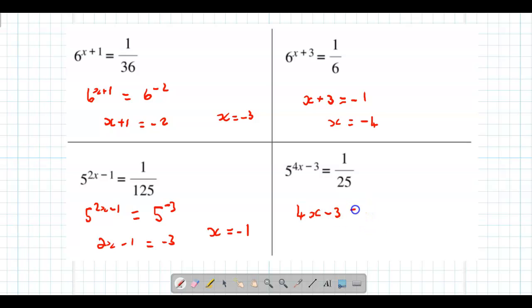And that's 5 to the power of 2, but 5 to the power of minus 2. Yeah, 5 to the power of minus 2. So in here, minus 2. So this is going to give me a fraction because it's going to give me 4x equals 1, and so x equals a quarter.